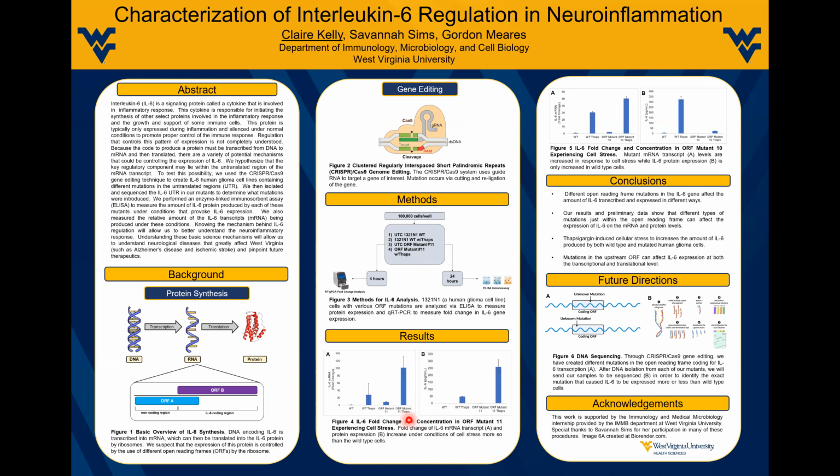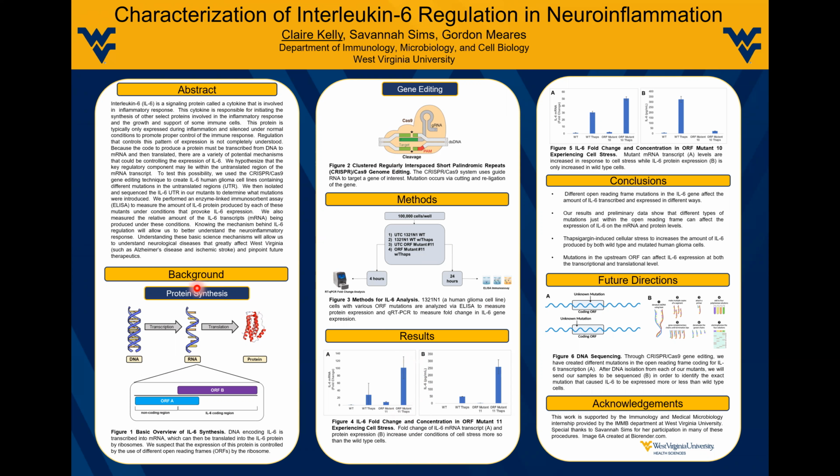In this last bar, this is our mutant that's been treated with thapsigargin for endoplasmic reticulum stress. This is how many more times than the wild type IL-6 transcripts this is making.